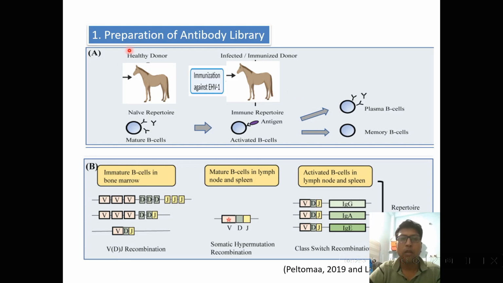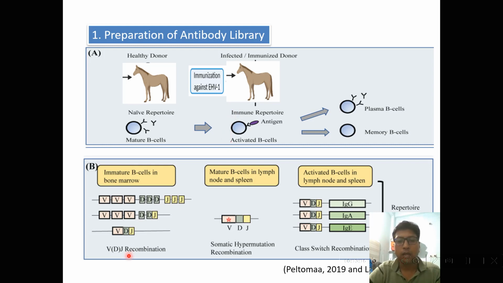Here is one example, using antibody library preparation. If the animal is suffering from any disease or is getting vaccinated, there is an increased concentration of activated B lymphocytes.